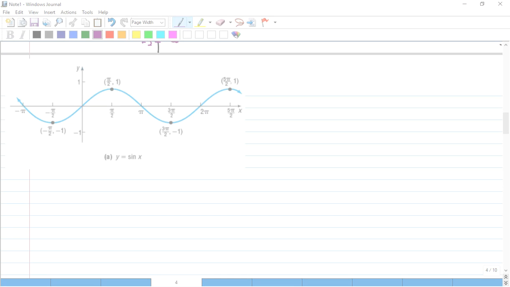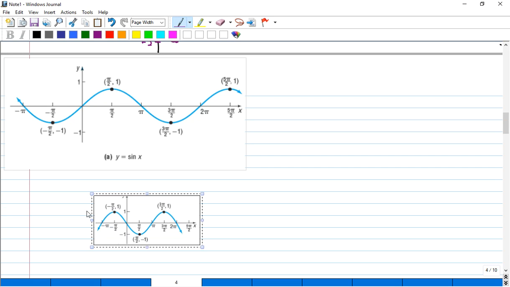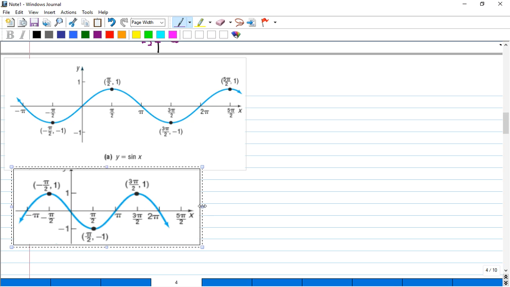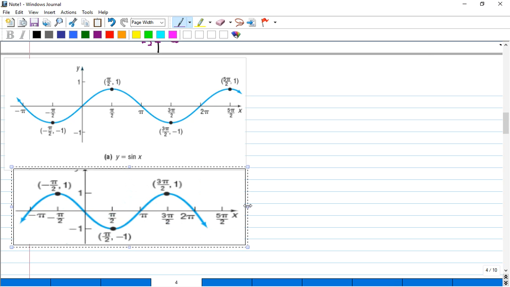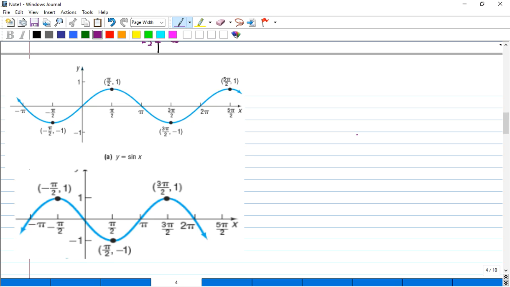So let's look at that real quick. See if we can compare the two. I know one is larger than the other. Maybe I can stretch it out just a little bit, try to get it to look a little similar. And again, that is y equals negative sine of x.